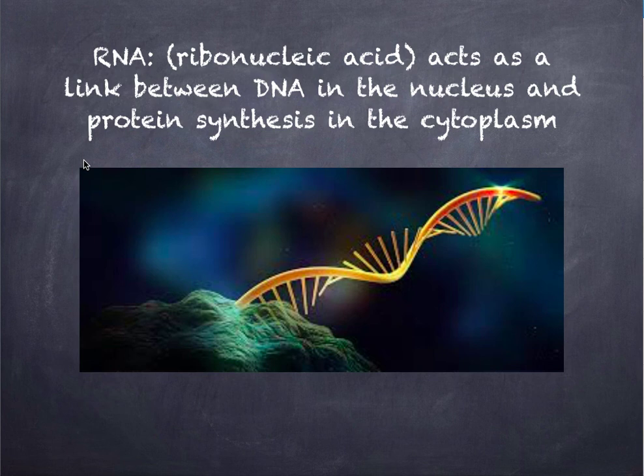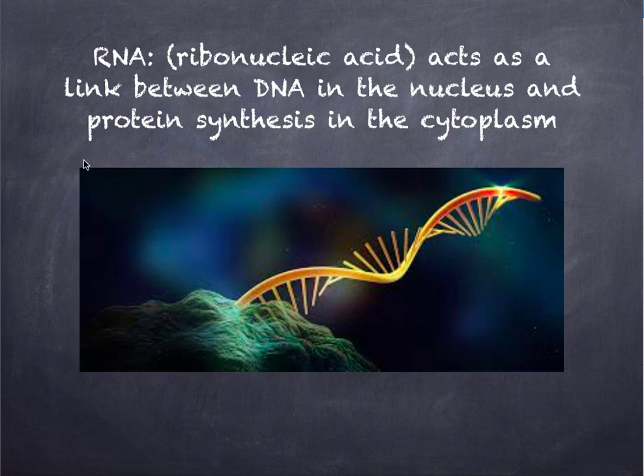So basically, there are a couple of differences between RNA and DNA. So RNA has an extra oxygen group on it, so hence the name ribonucleic acid instead of deoxyribonucleic acid. But it also changes one of its base pairs.